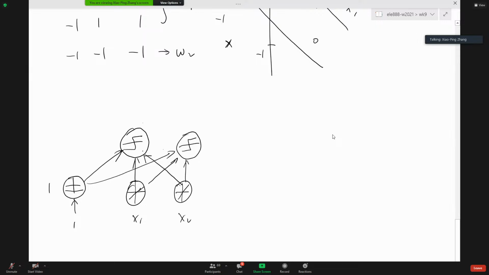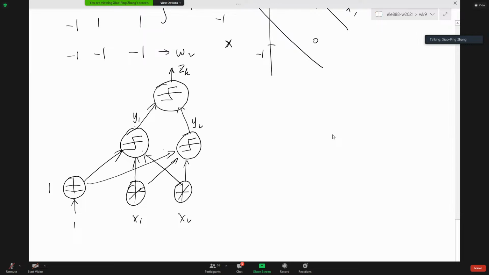And afterwards, we have the third LDF. That's the second layer, also with an activation function, and this is our output. Let's call the output Z, Z_K.